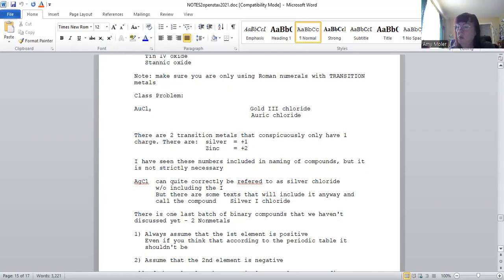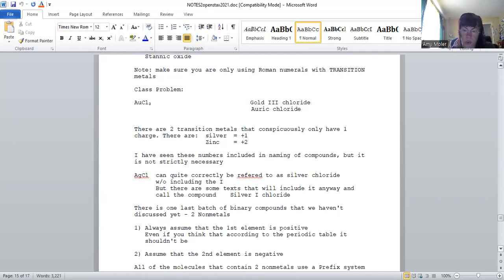AuCl3. So more of the elements whose names are not matching their symbols. Au is gold. Because I have 3 atoms of chlorine, which is -1s, this has to be gold 3 chloride. It is also known as auric chloride.